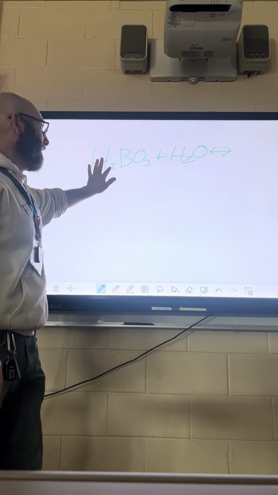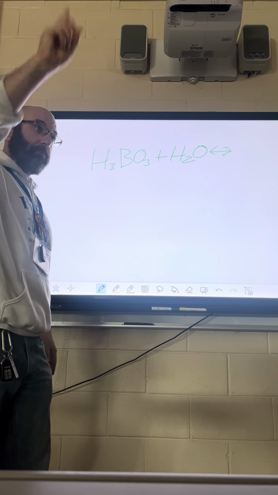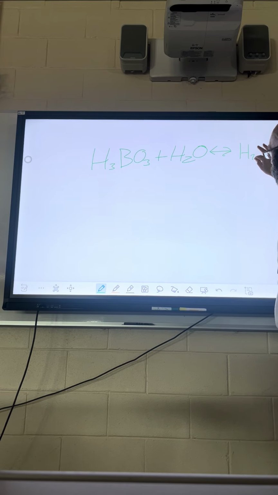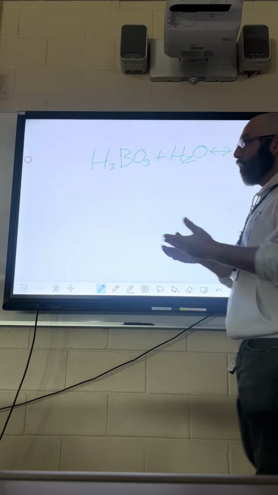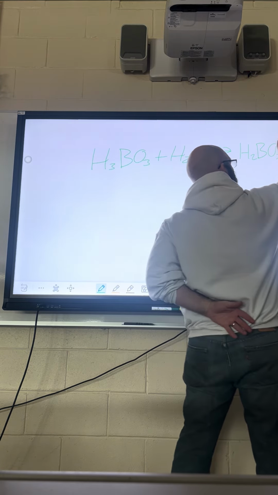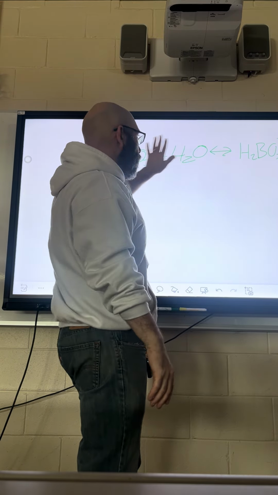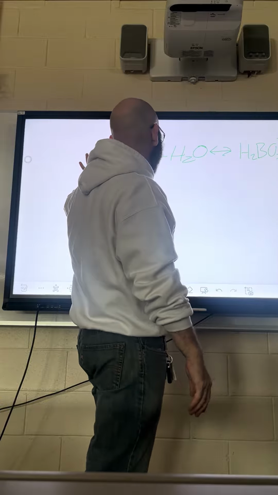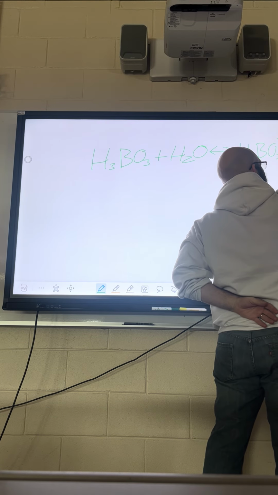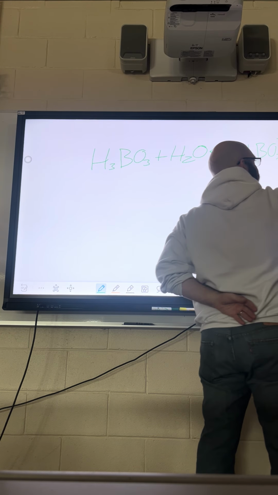So even though there are 3 H's, it's only going to donate 1 of them. So if this loses an H, it's H2BO3. And if you lose something that's positive and you were originally neutral, what's your new charge have to be? -1. This was the acid, water is the base, so this proton from the boric acid became H3O plus.